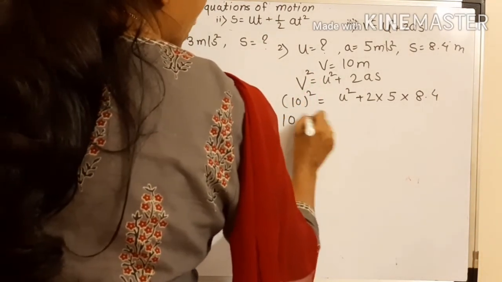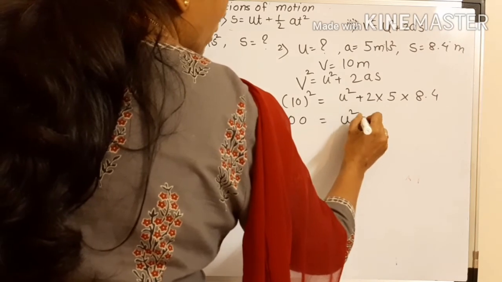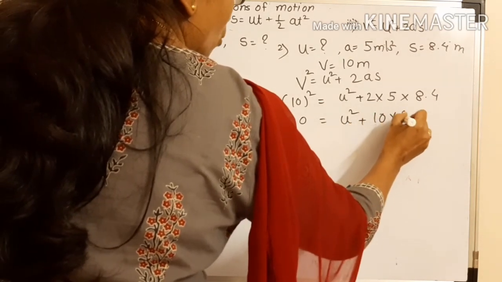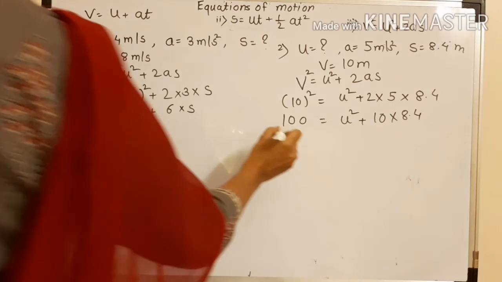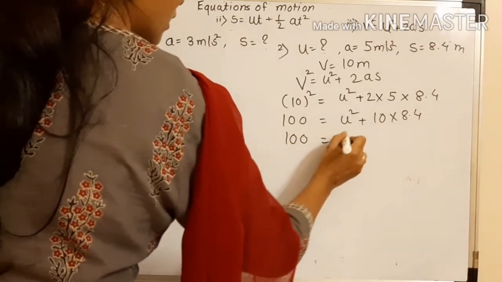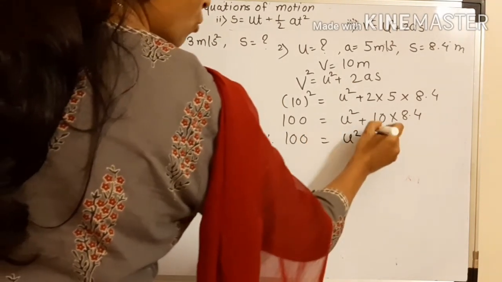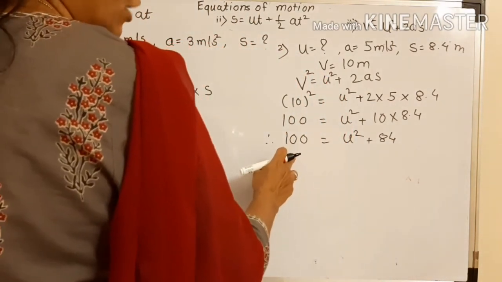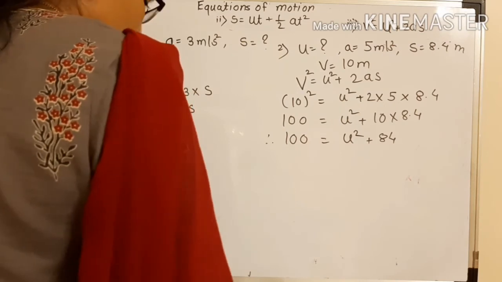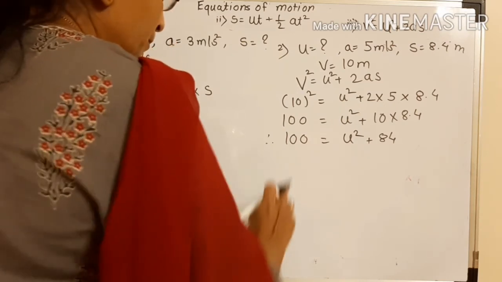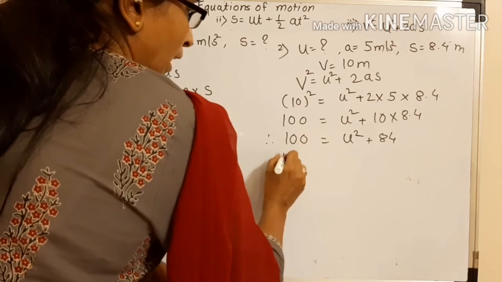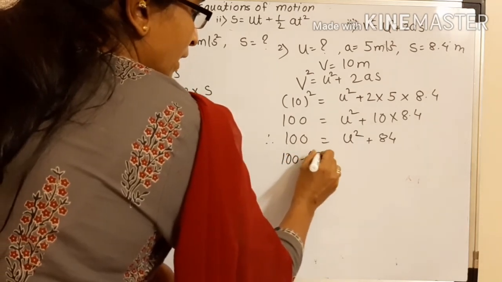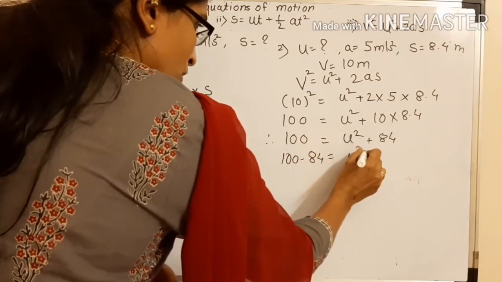Now 10 square means 100 is equal to u square plus 10 into 8.4. So 100 is equal to u square plus 84. Now take this 84 to the left hand side. So 100 minus 84 is equal to u square.